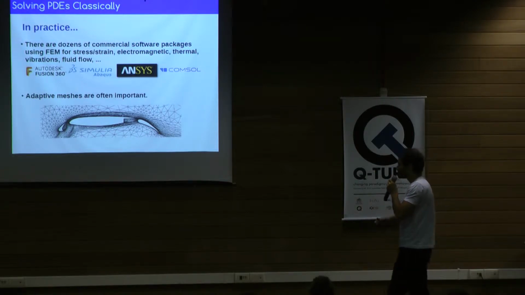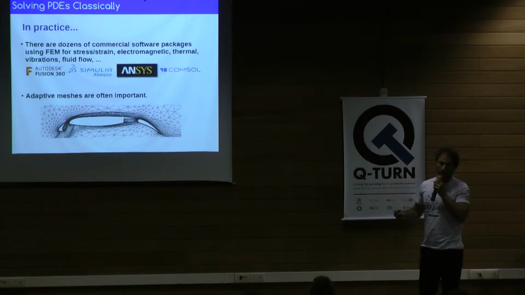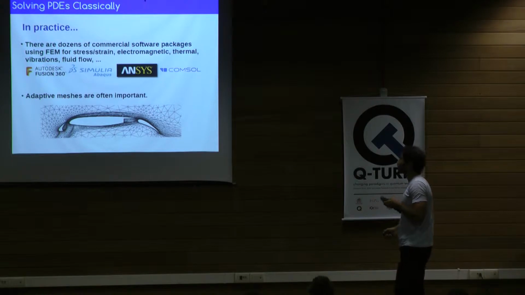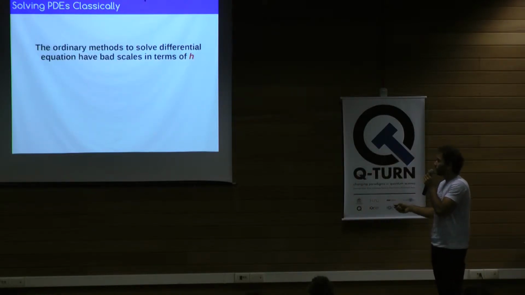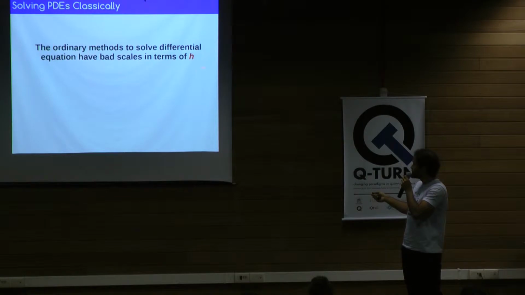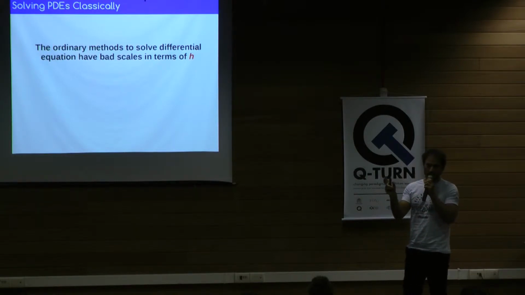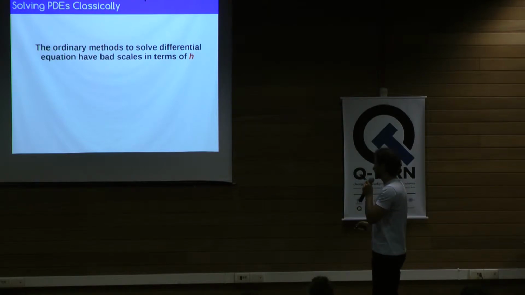These three things you should certify to see how good your numerical method is. So these ordinary methods scale badly with h, where, remember, h is the displacement between the points in the lattice.